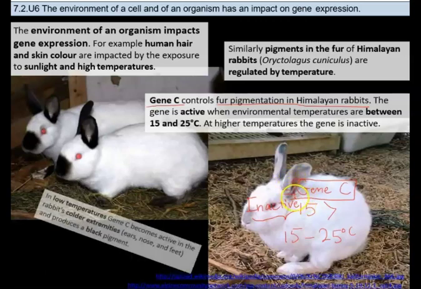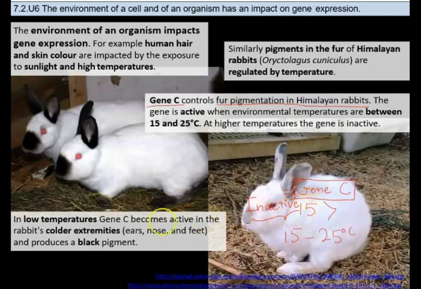But on the other hand, at low temperatures, which happens at this rabbit, gene C becomes active. So gene C is kind of in love with cold temperature. You can remember or memorize it as: gene C loves cold.